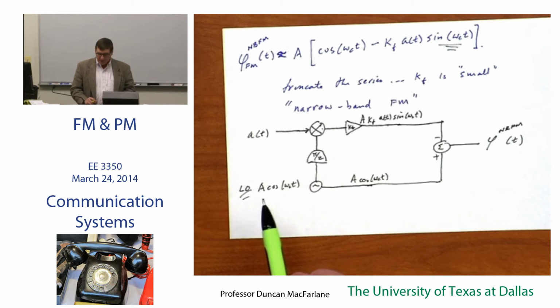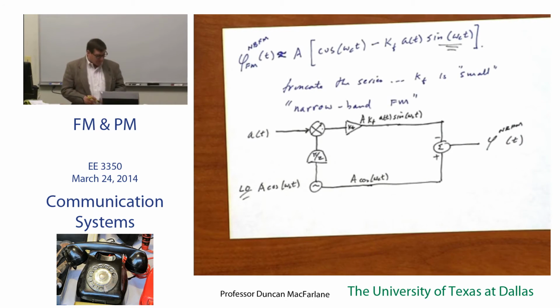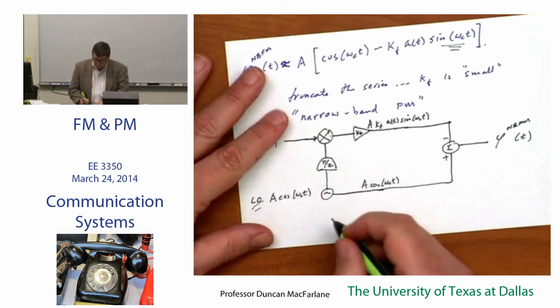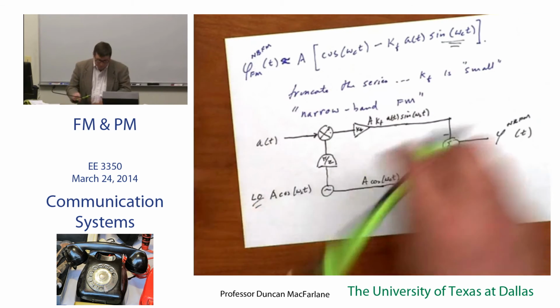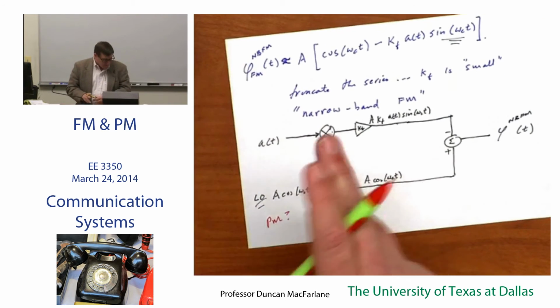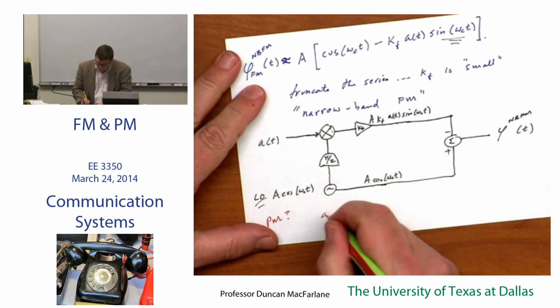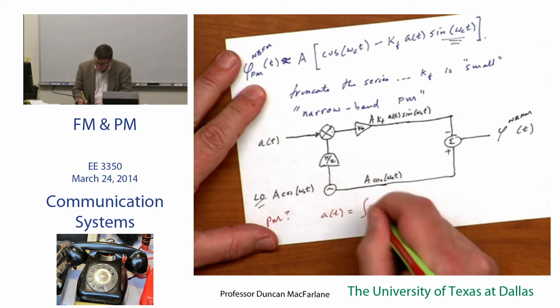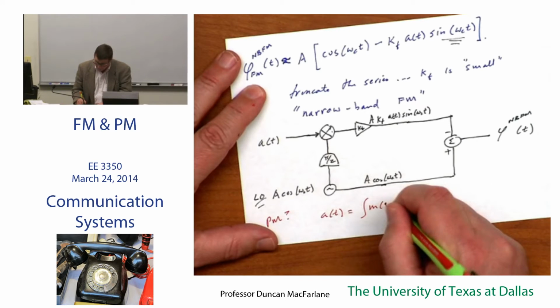So what do I have? Where is my message signal? Would it be a low pass before you get to that, or the A of t? Right. Okay. So remember, the question is for phase modulation. So A of t is equal to the integral of m of t dt.